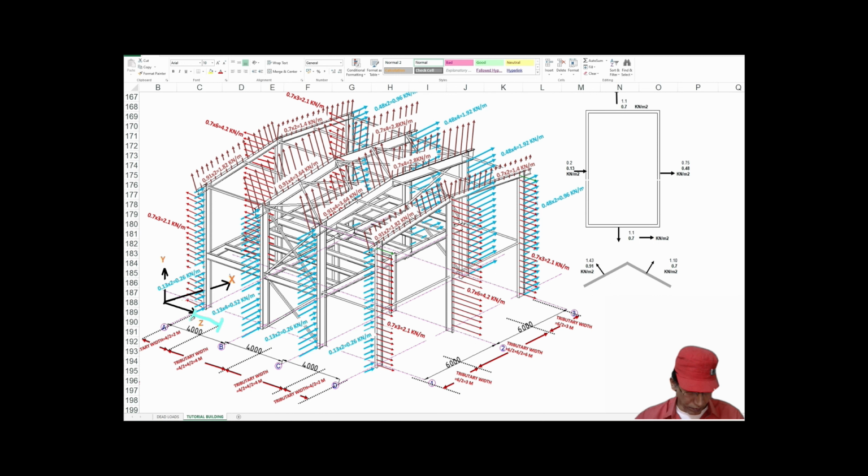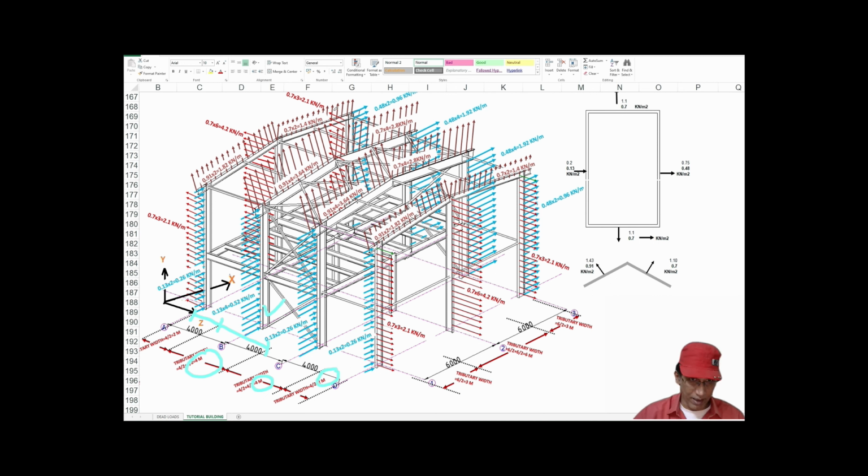For this column, half from the left side and half from the right side, so this works out to be 4 meter. For this column again, half from left and half from right, so 4 meter. For this column, half from the right side, so this works out to be 2 meter.